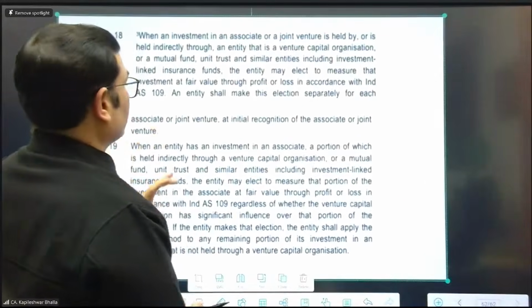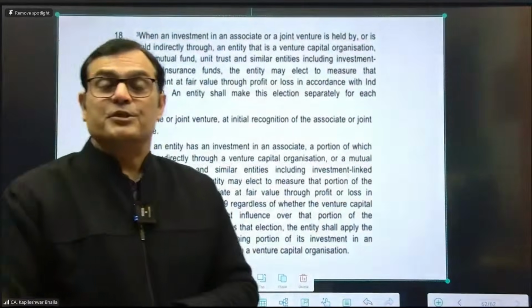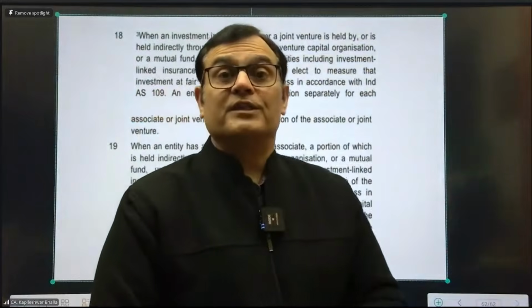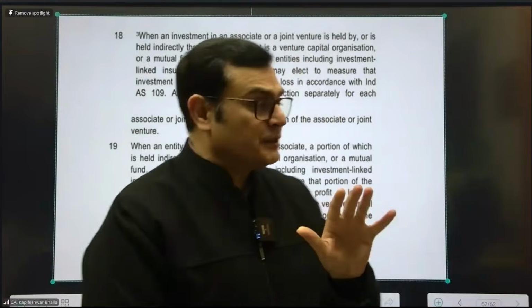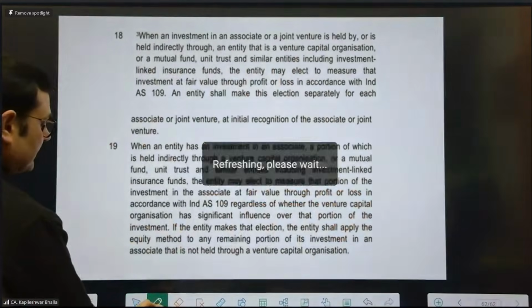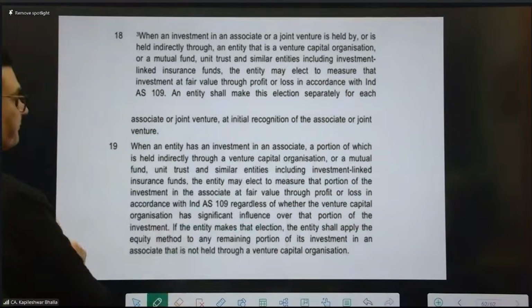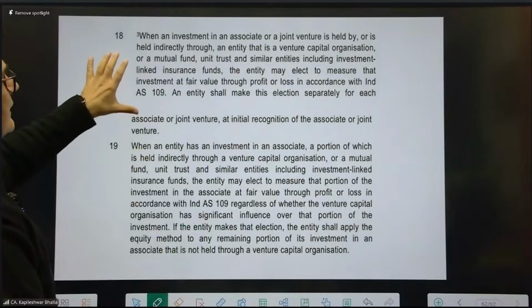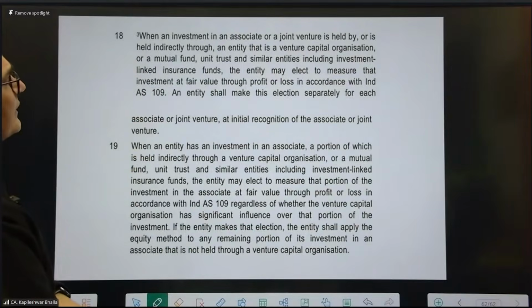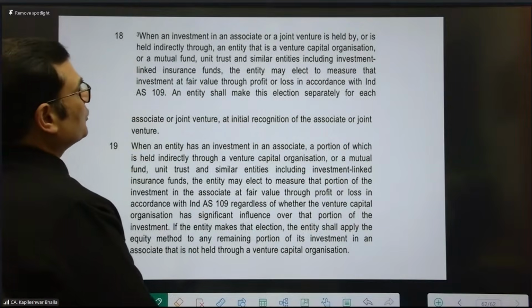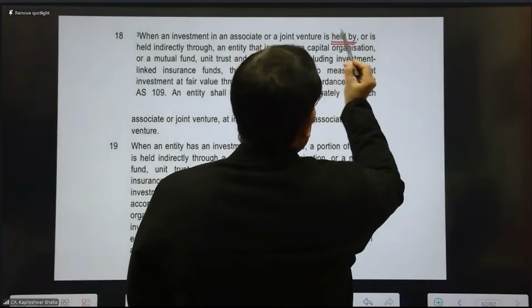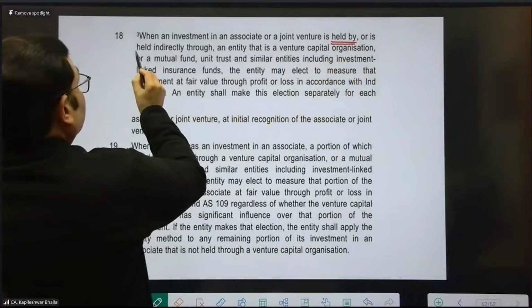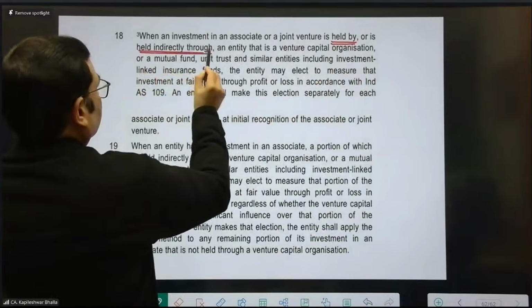Now watch this carefully. We're going to do some case studies also on this. So I'm going to first read this input to you. We are on block number 1, and in terms of block number 1, we're discussing the scope of the standard. Very interesting inputs in para 18 and para 19. So we'll start first reading this, analyzing this. It says, when an investment in an associate or JV is held by or is held indirectly through.